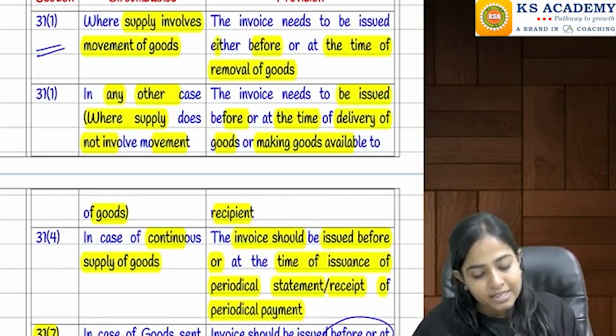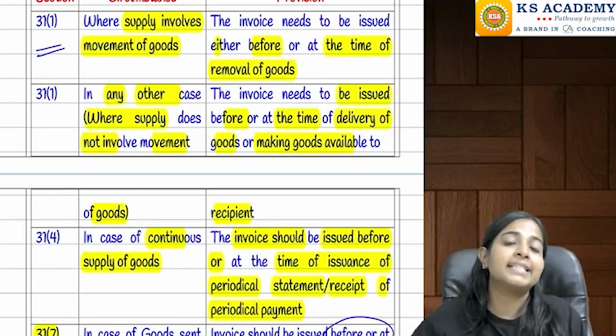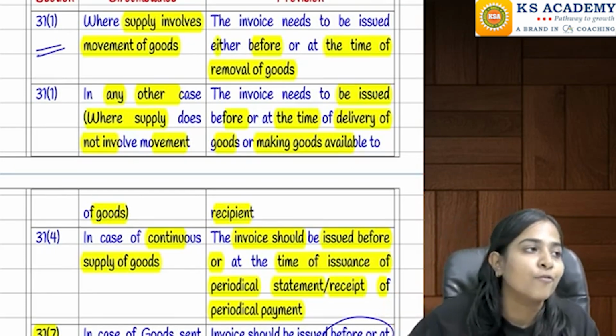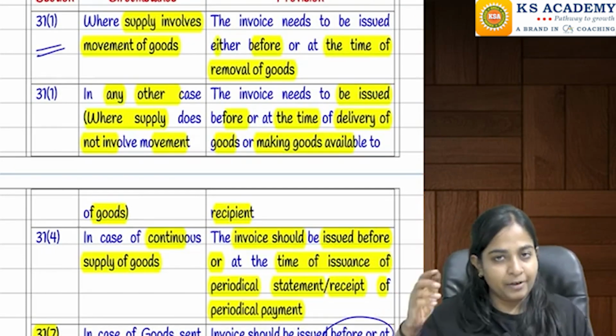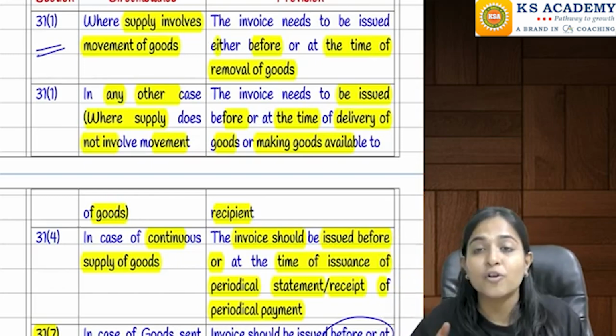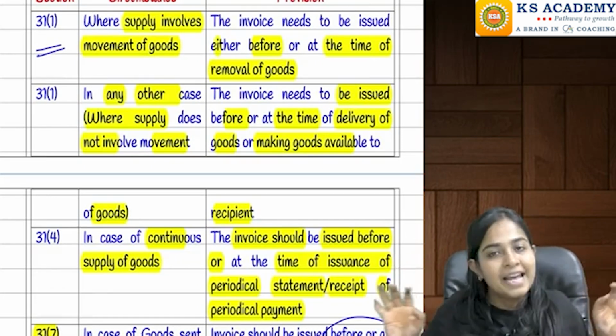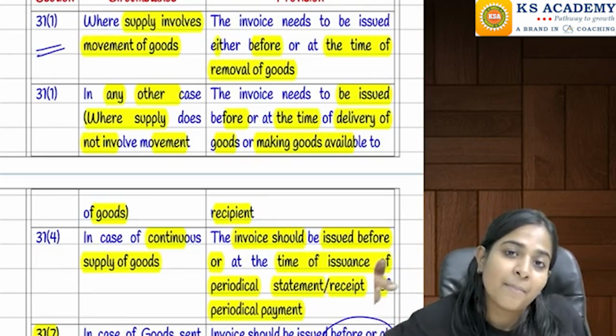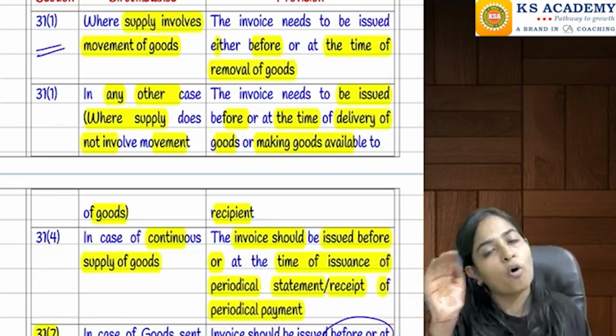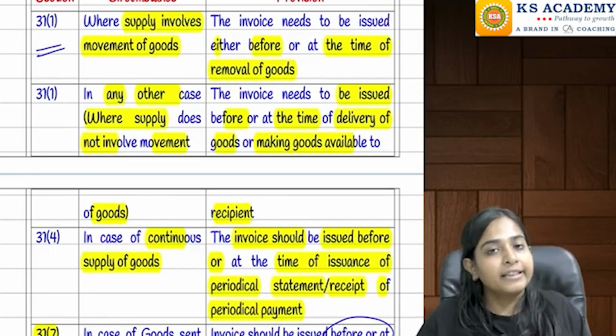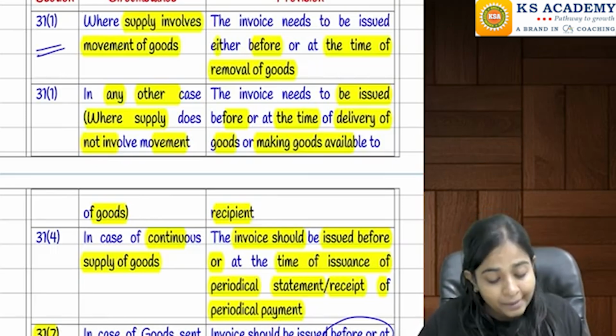So in that case, the invoice needs to be issued on or before the time of delivery of goods, or before making the goods available to the recipient as the owner. So on or before that particular day, the invoice needs to be issued.